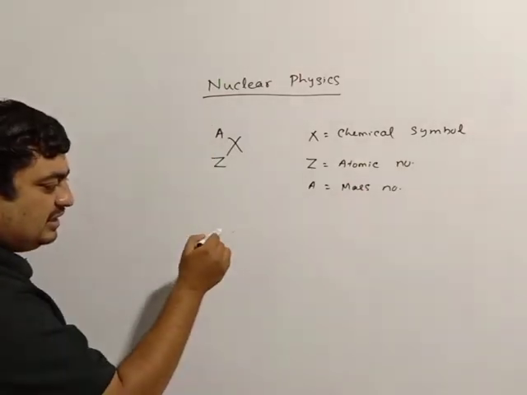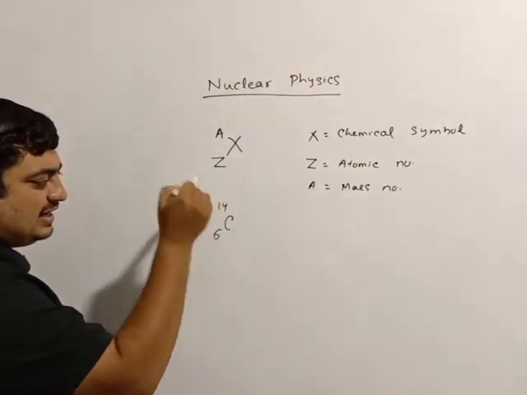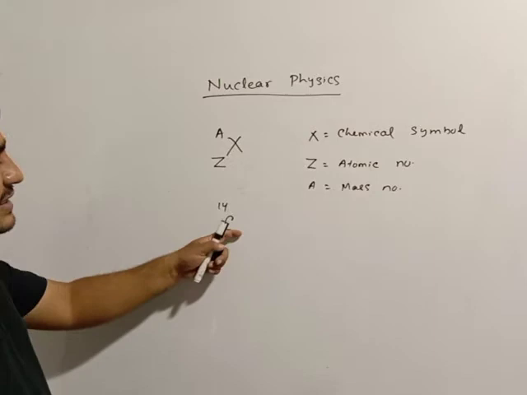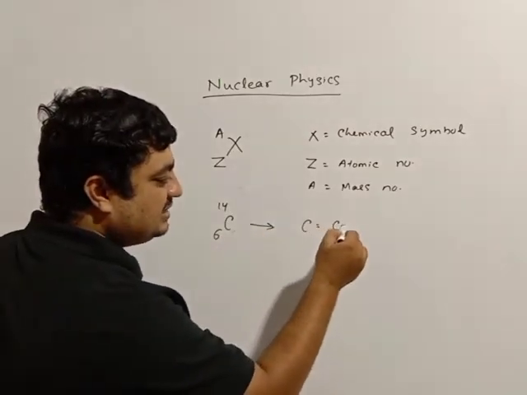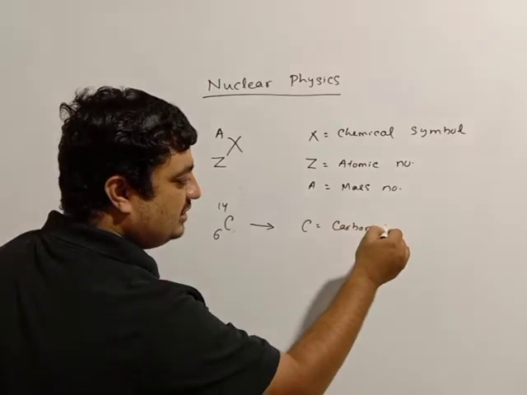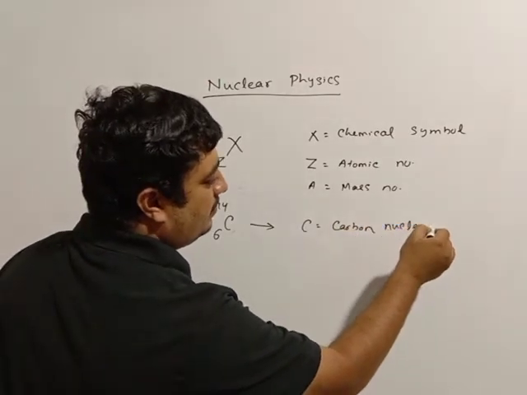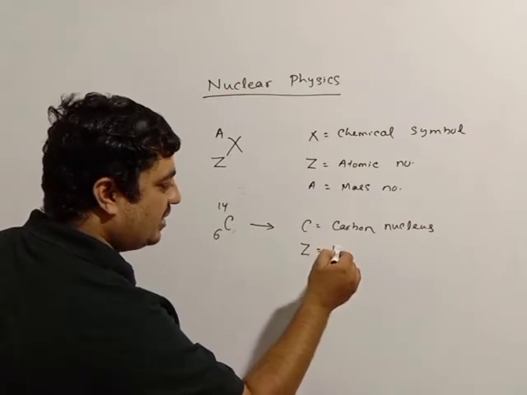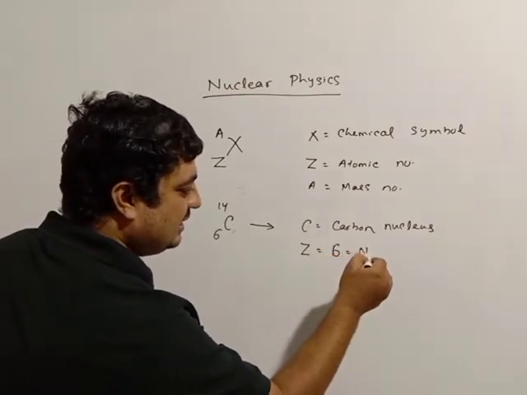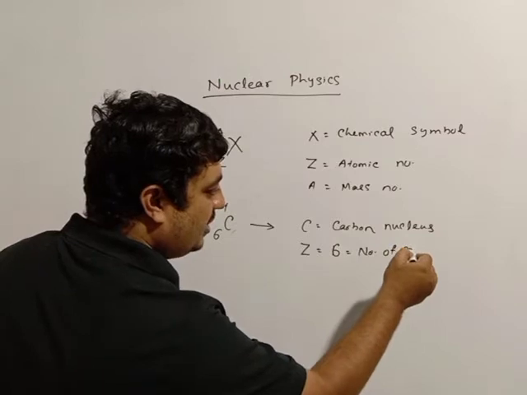For example, if it is written 6C14, this means it represents a carbon nucleus. Its atomic number Z equals 6, that is equal to the number of protons.